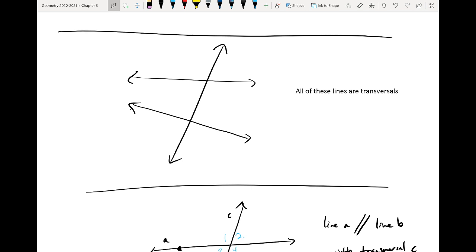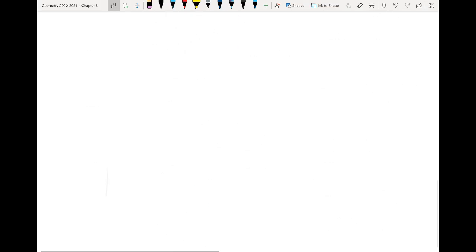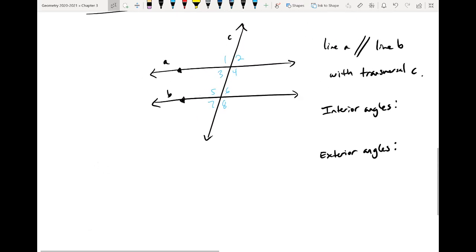But even there, we can see that there are angles that are inside of the diagram and ones that are outside. In this case, and I have a difficult time defining this except by visually demonstrating it to you, the interior angles, there are 4 of them: angles 3, 4, 5, and 6.